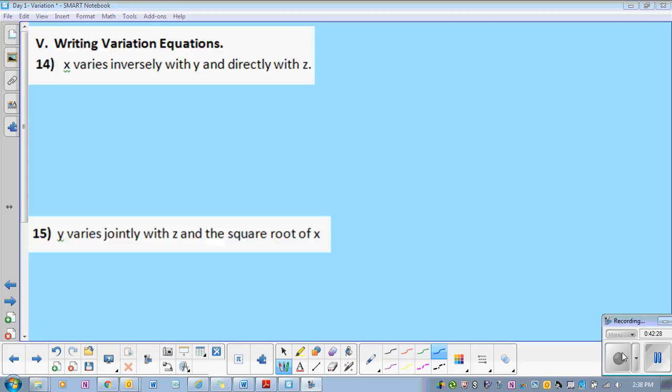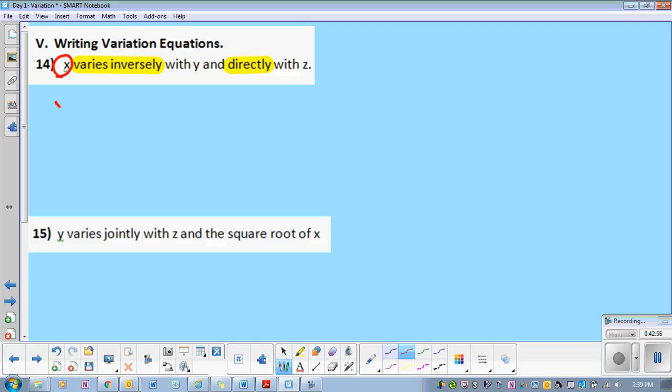Now we're going to look at writing variation equations. So with these, guys, all you're doing is just rewriting the equation. You're not solving for anything. Make sure you look for your key words. So you have varies inversely, and you also have, look at that, directly. So you're going to have a two-step thing here.